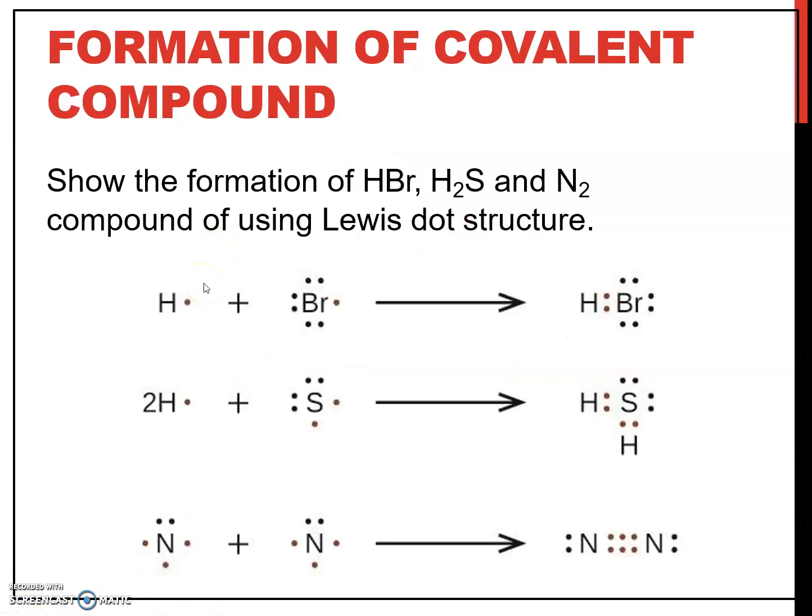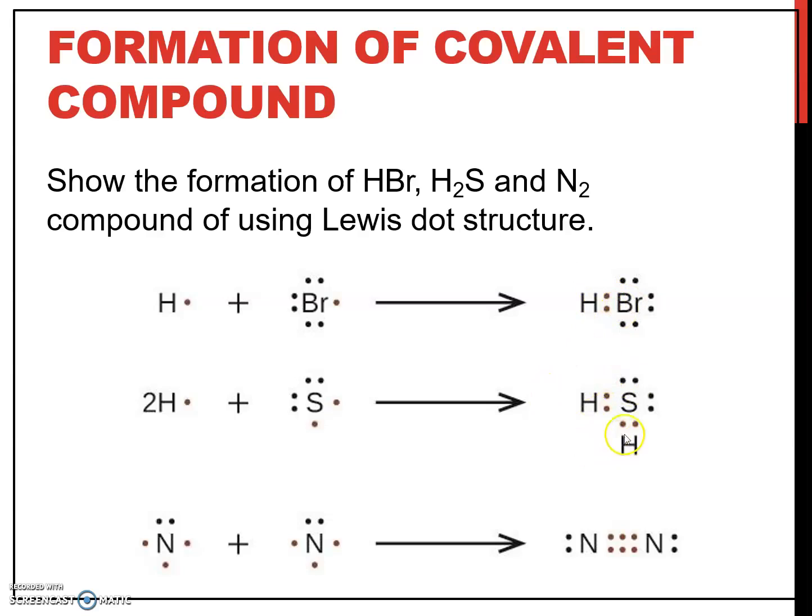This is the example for formation of hydrogen bromide. You can look, hydrogen and bromine share electron, one electron from hydrogen, another one from bromine.